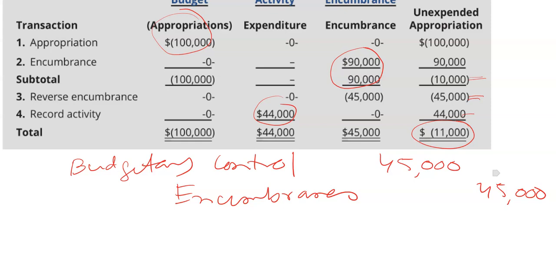This is how we close all encumbrances. We could not have any balance at the end of the year. But now our plan is to buy the second truck immediately next year. So what we're going to do, this $45,000 we'll keep aside in our fund balance, so that we know this amount is dedicated or committed to buy the truck. So what is fund balance?